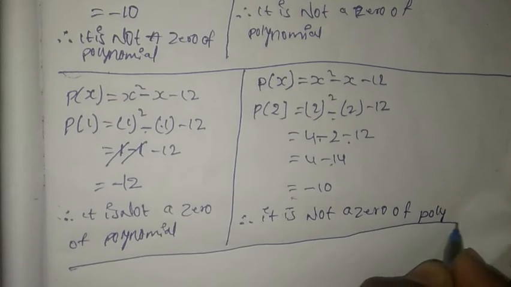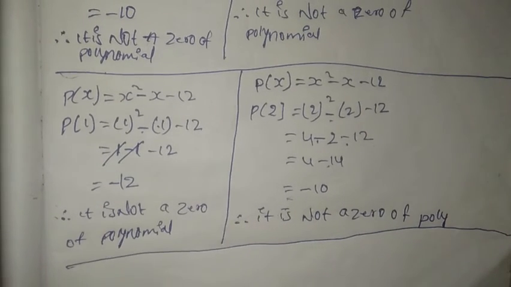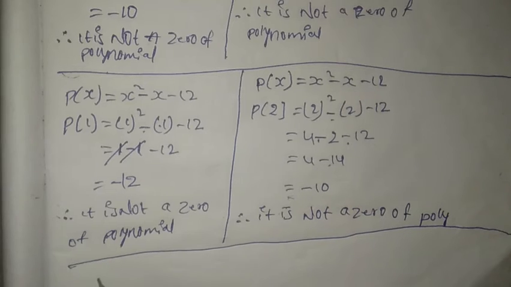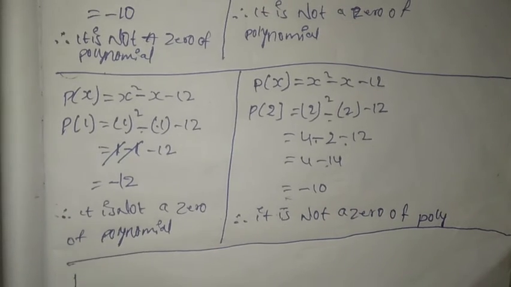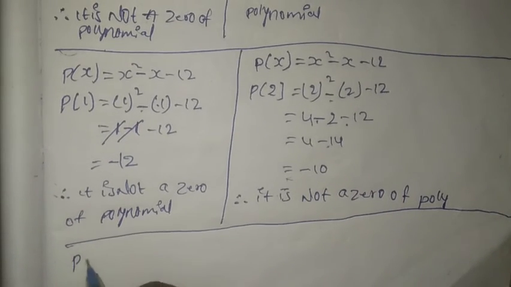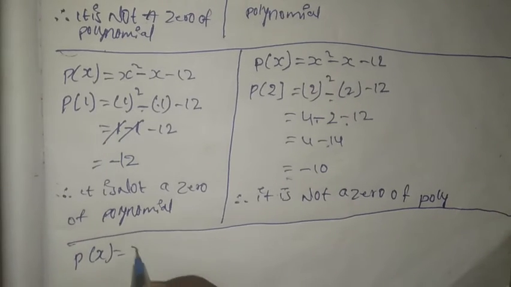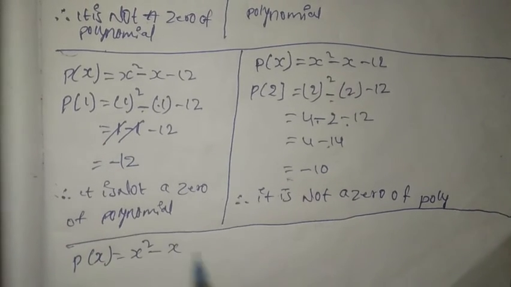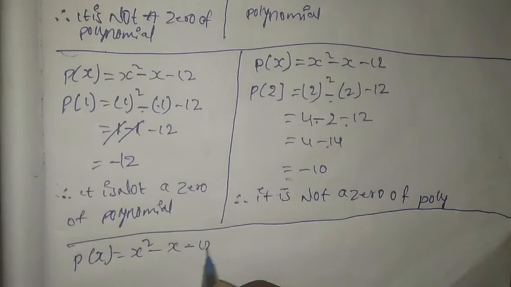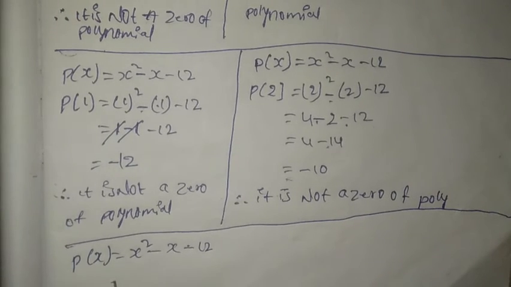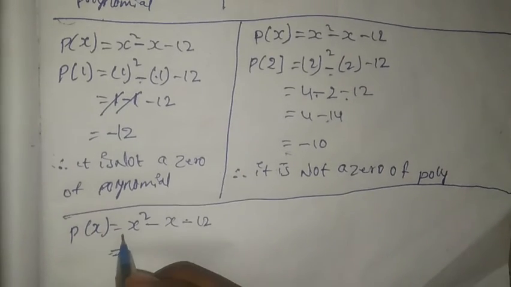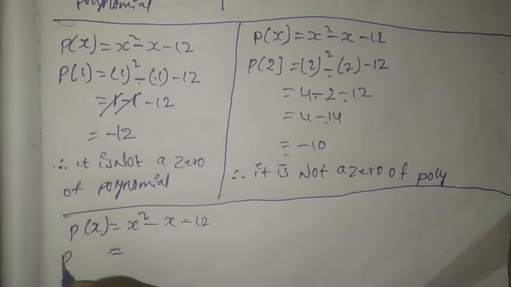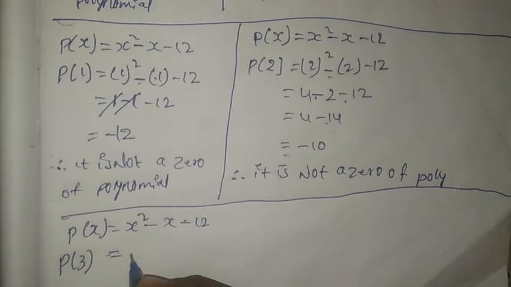Next we have to do the remaining one, that is p of x is equal to x square minus x minus 12. Now we take x equal to 3.